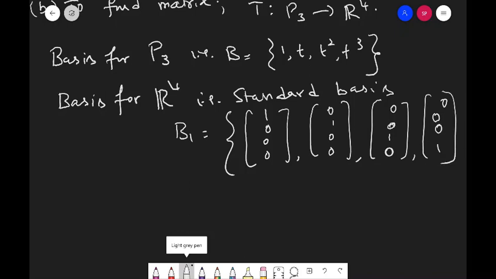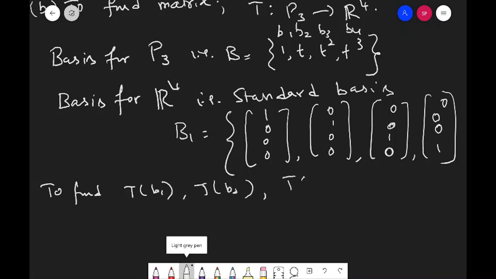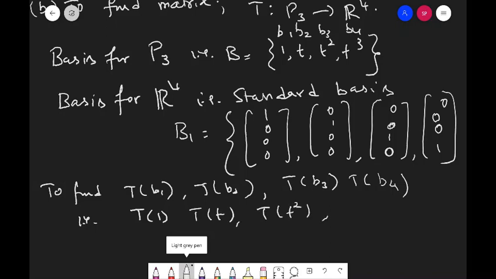Right. Now what are the steps to find this? So this is B1, B2, B3, B4. So first find T of B1, T of B2, T of B3 and T of B4, that is T of 1, T of t, T of t square and T of t cube.